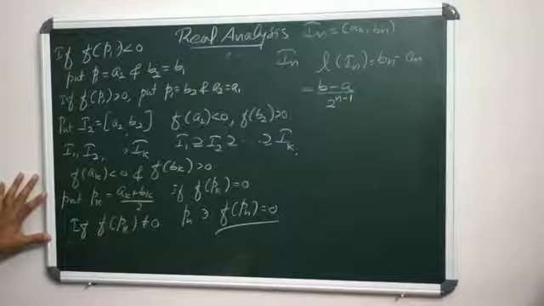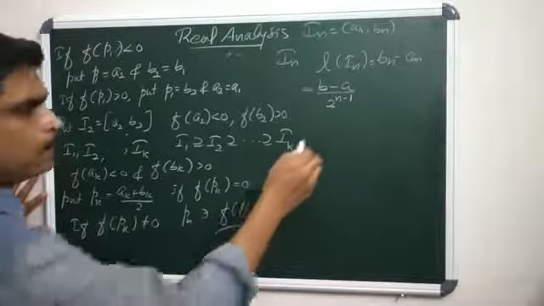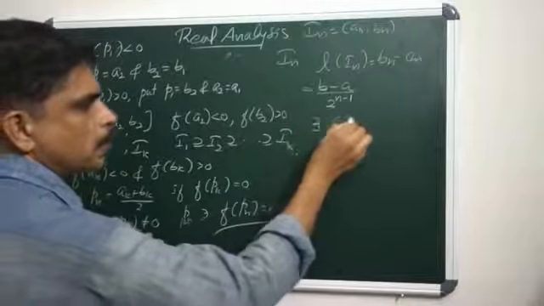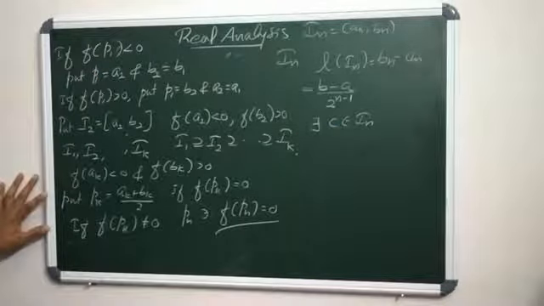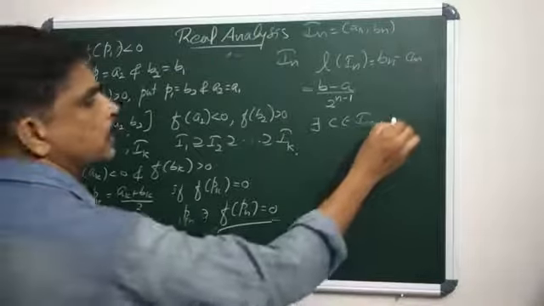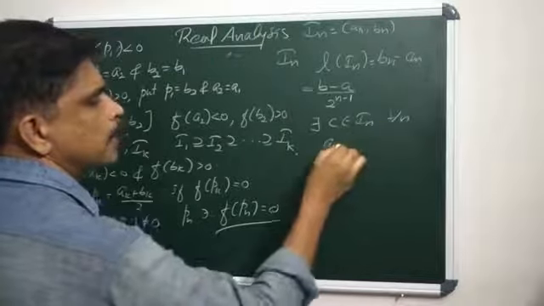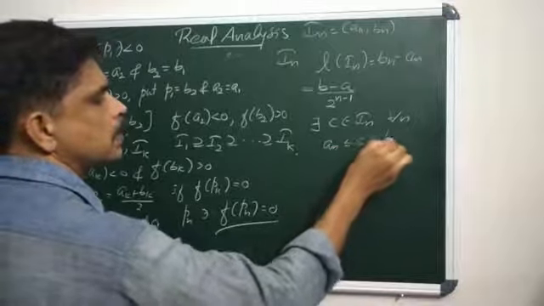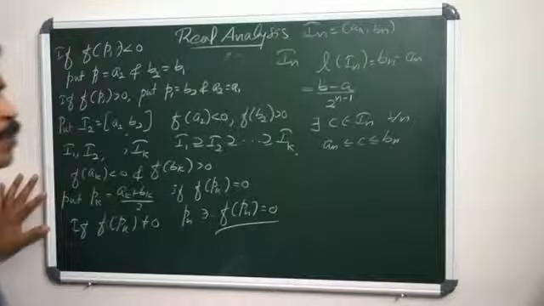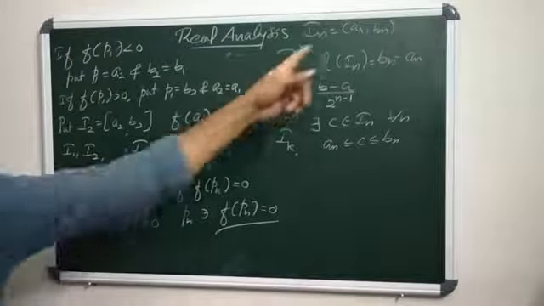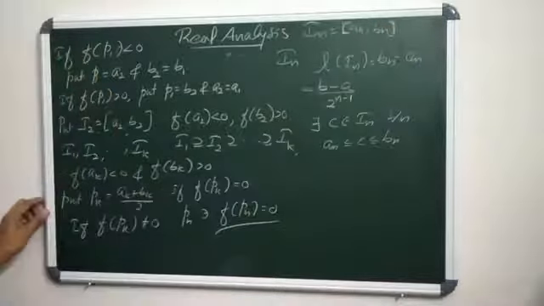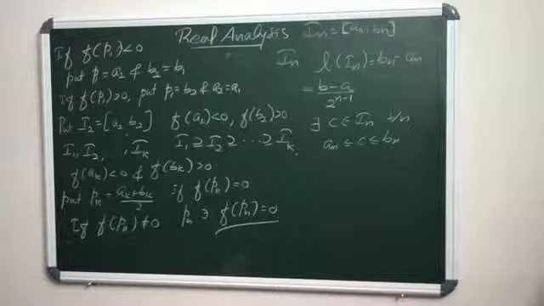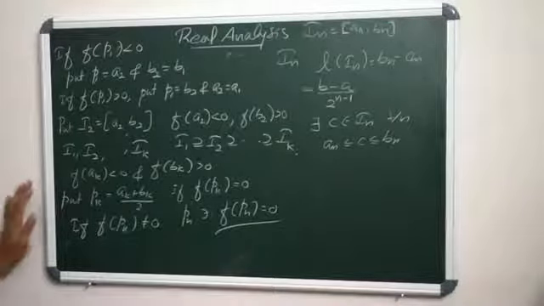Then by the nested interval property, there exists a point C in In for all n, meaning An less than or equal to C less than or equal to Bn. C in In means, what is In? The closed interval [An, Bn]. Therefore C ranges from An to Bn.